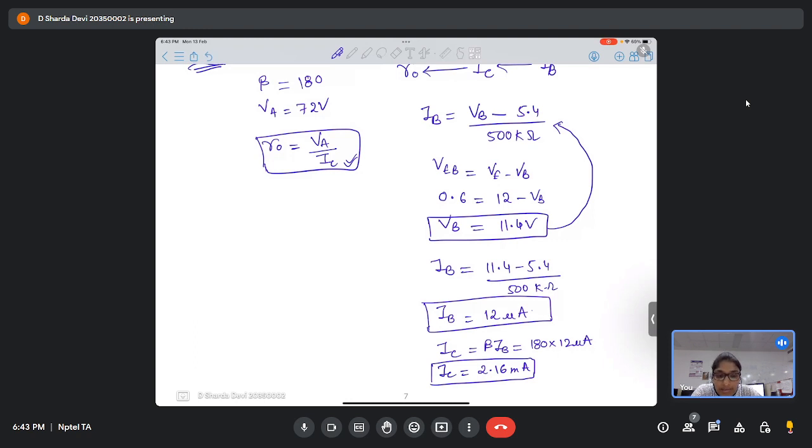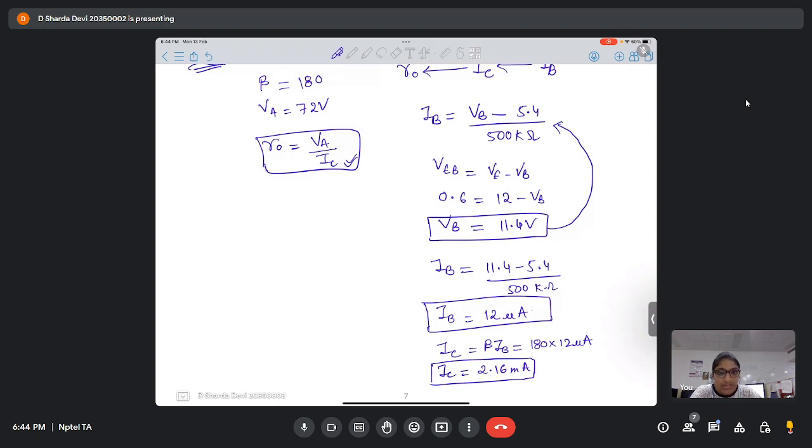We are multiplying it with 180, so will it still be in micro? It is 2160 microamperes, which is 2.16 milliamperes. Is this clear?